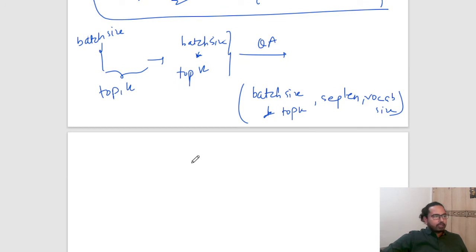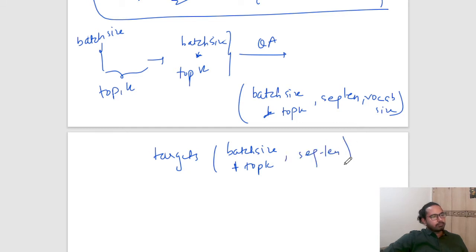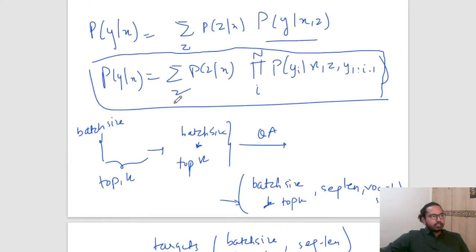This happens in all the QA models, so it shouldn't be confusing. And similarly, we'll have our targets. Our targets will be of shape batch size times top K, comma, sequence length. Okay, so this is our initial setup, and we have passed our inputs and we finally got these logits. And now let's see how we calculate each and every part of this expression here.